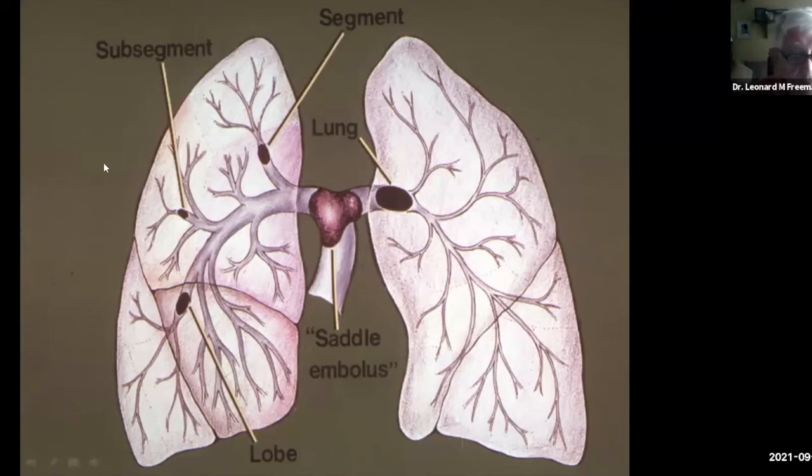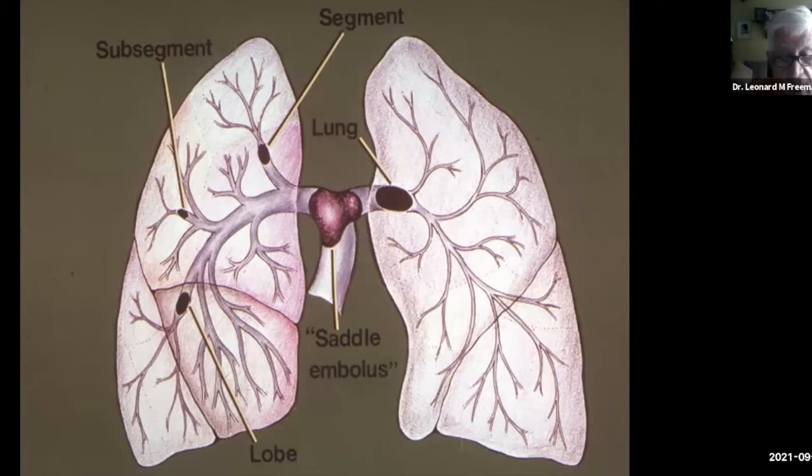Fortunately, the vast majority of pulmonary emboli are subsegmental in distribution. As they get bigger, you can have a segmental type of embolus, such as you have right up here. From that point, you can involve a whole lobe, and much less commonly, an entire lung. It's unusual, but it certainly can happen.